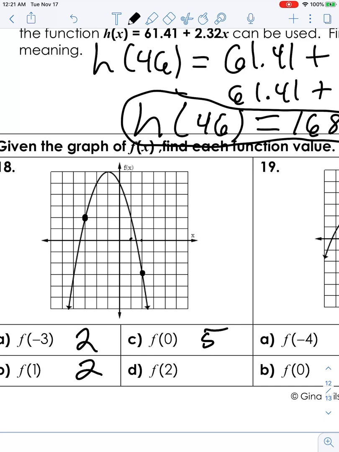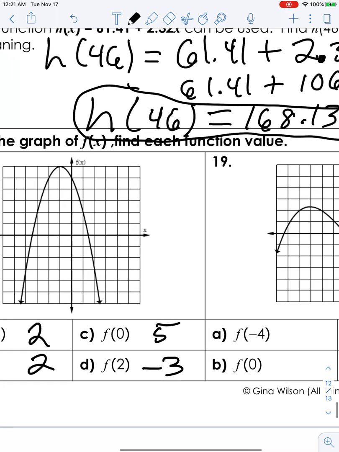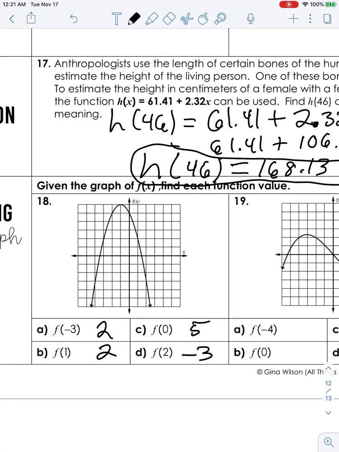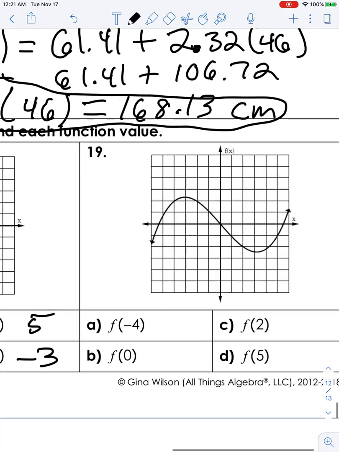It hits the graph down here, right here. And that's at negative 3. So when x is 2, your y is negative 3. And I'll go ahead and erase this whole entire graph now. That way we're kind of looking at just the graph. So that would be 18.